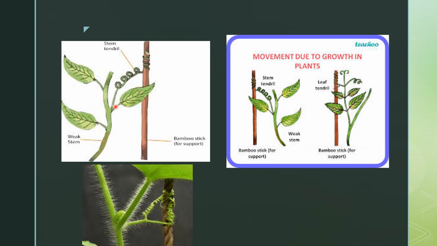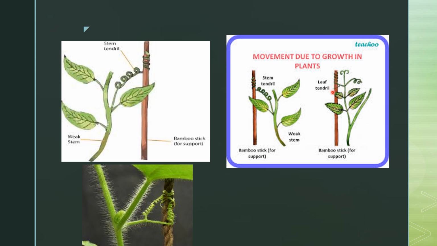The stem tendrils, as I said to you, you can distinguish between the stem tendrils and leaf tendrils from the position of the tendril. It's a thread-like, green structure, and it helps the plant to climb up. So it supports the plant which has a weak stem.